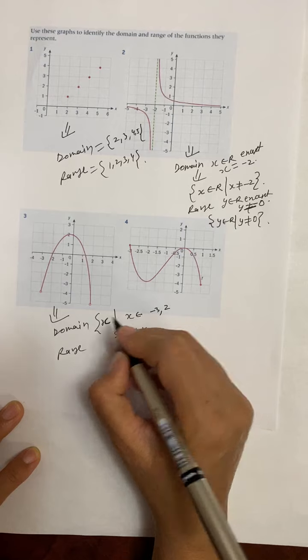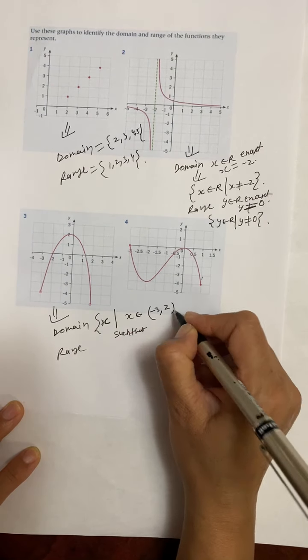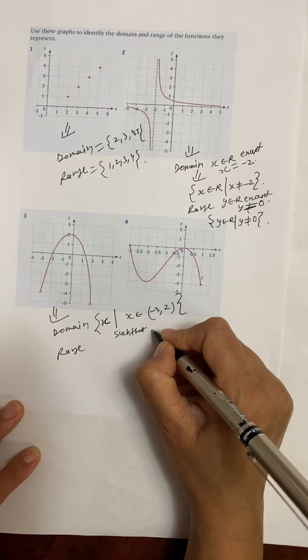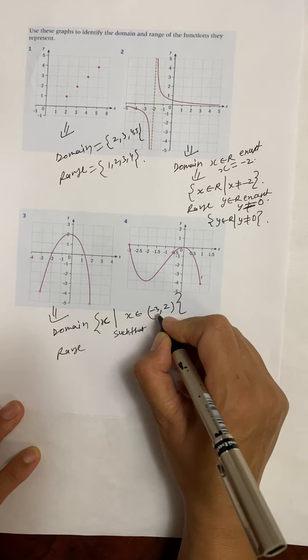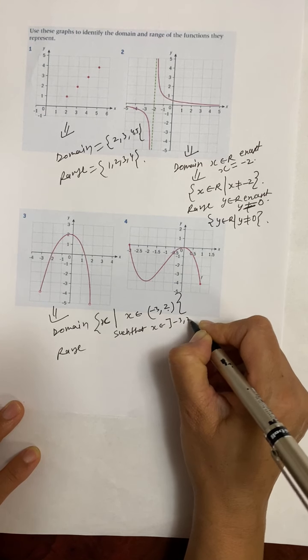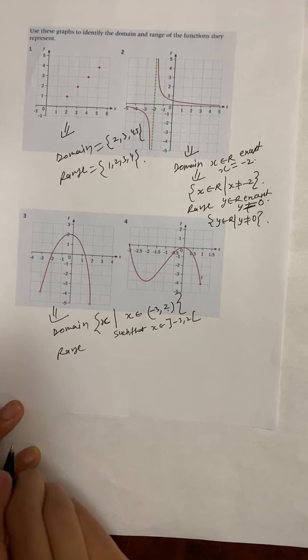As you can see, these are open circles, so these points are not included. This is one way you can express this. Open bracket means -3 and 2 are not included, or you can also use this notation, which also means -3 and 2 are not included.